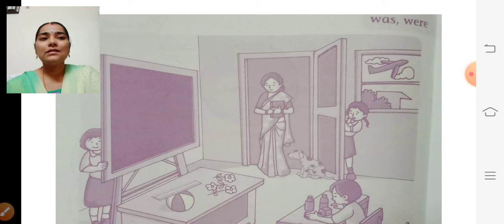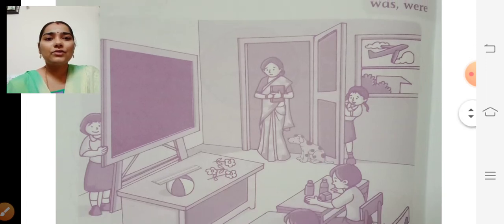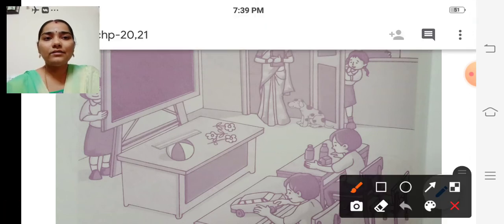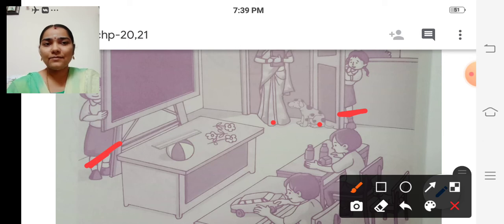See the picture. There are 2 girls and 2 boys and 1 teacher, 1 dog. 1 girl is behind the door and 1 girl is behind the blackboard. And the dog was sitting near the door.